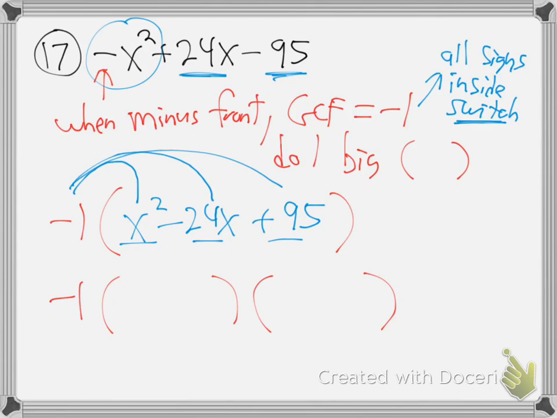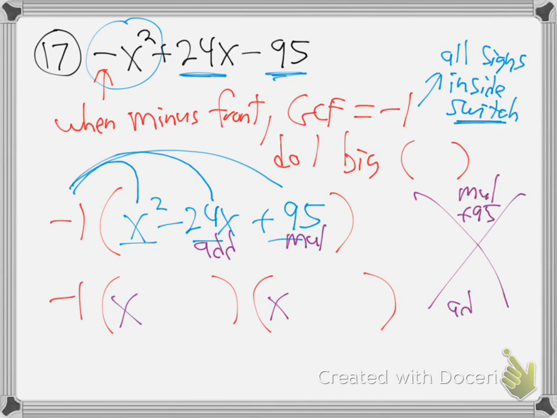All right. Here we go now. How do we finish it from here? We divide. Now we say what multiplies to be 95. Put x's in the front. Do the diamond thing. Multiplies to be 95. Adds to be minus 24.